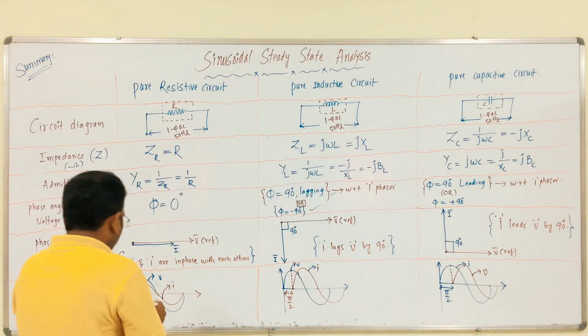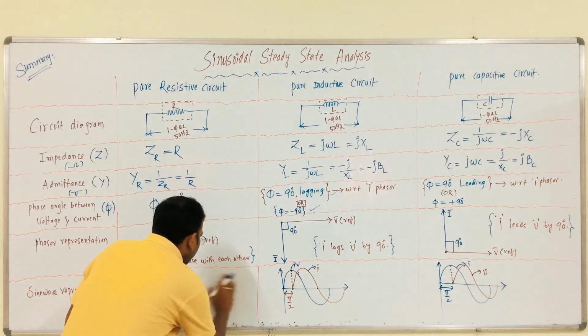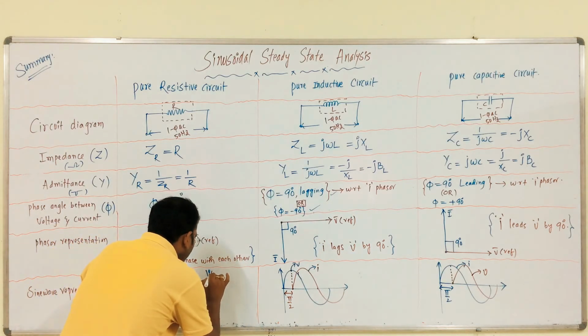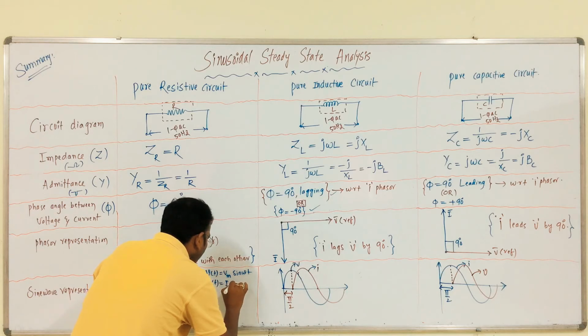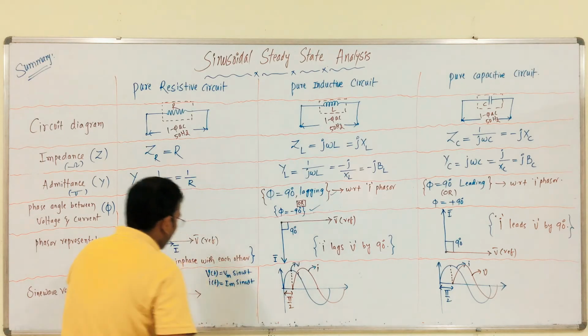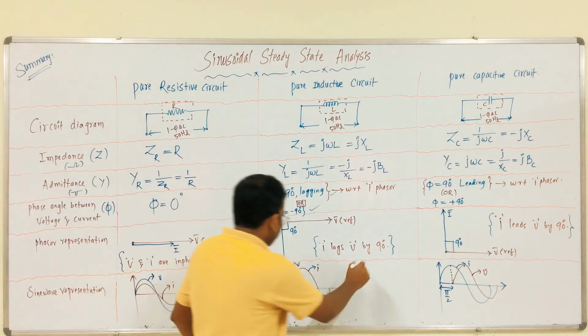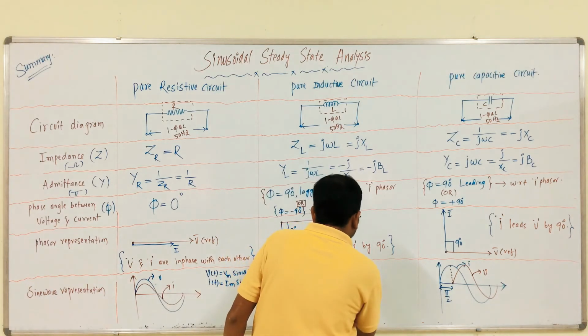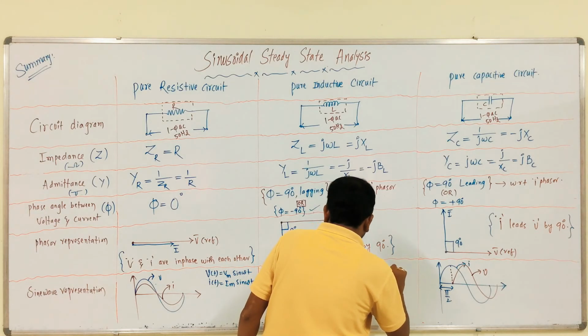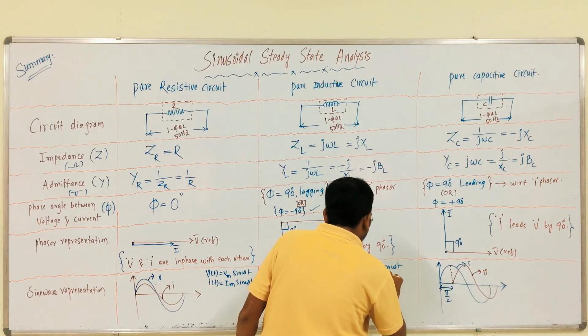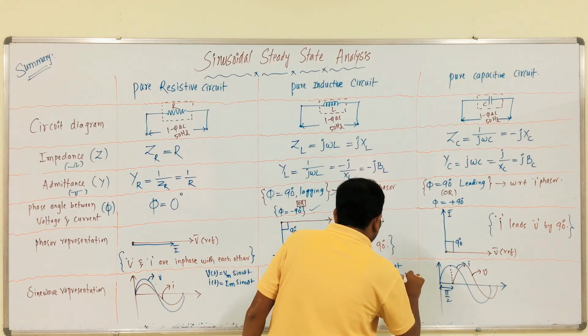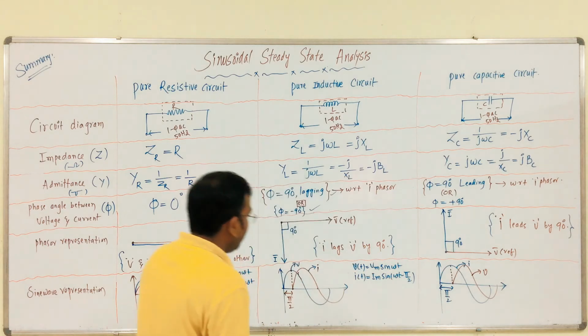Clear? So, here we have to provide v of t equals Vm sin omega t, i of t equals Im sin omega t. Here current lags: v of t equals Vm sin omega t, i of t equals Im sin(omega t minus pi by 2), right?